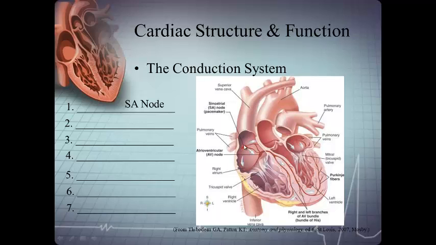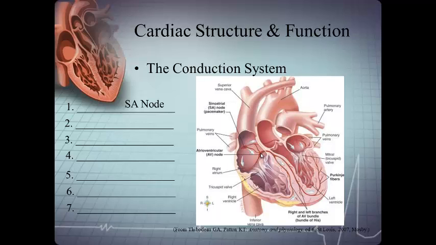So right here in the right atrial wall is the body's natural pacemaker, the sinoatrial node. From the sinoatrial node, the impulse travels to the AV node. So here's sinoatrial, and then it travels to the AV node, atrioventricular node.